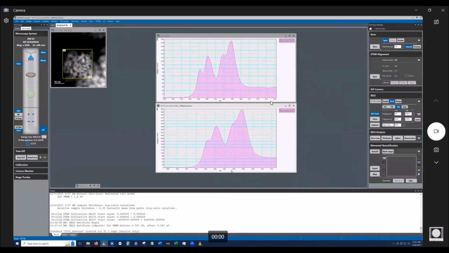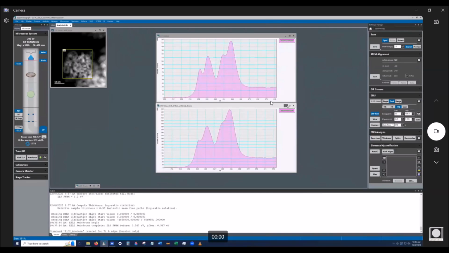Okay, so we can see the difference here, right, between these. So fine structure resolved a little bit better here, right? Separation in these peaks that we otherwise were not seeing here. And again, this is not the highest monochromator energy resolution.